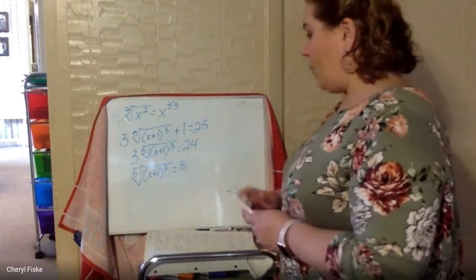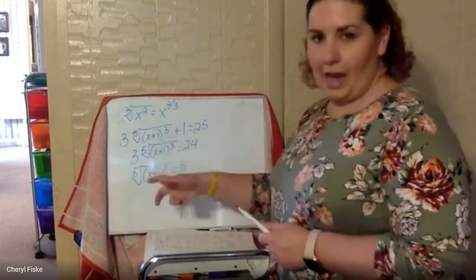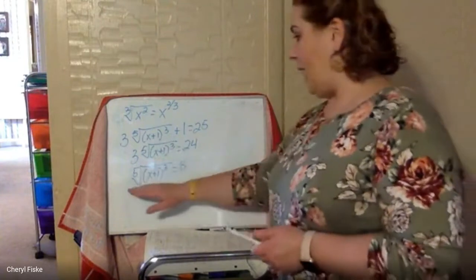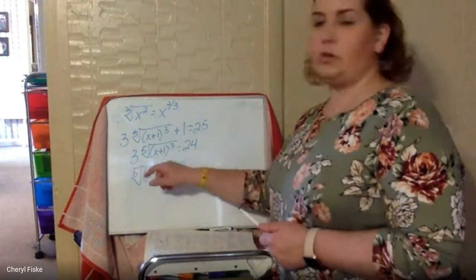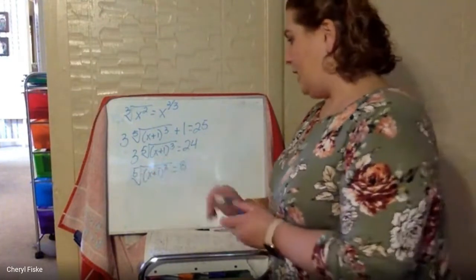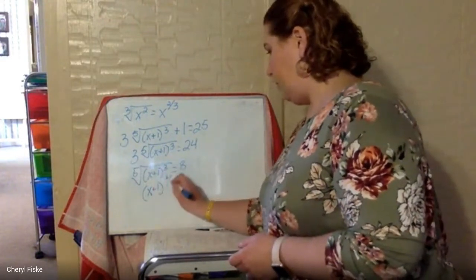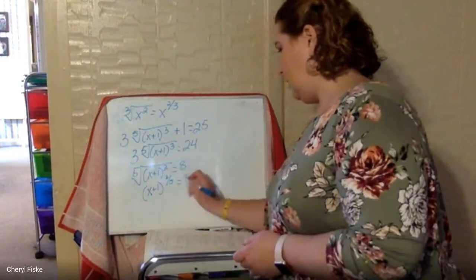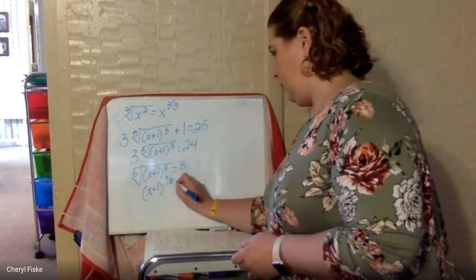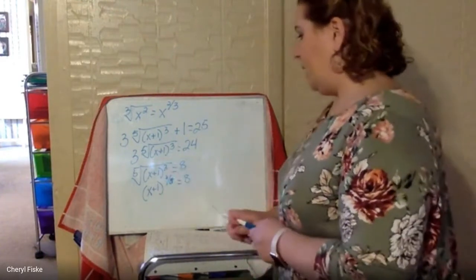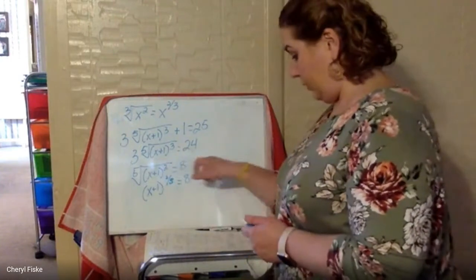So now what I want to do is think about the power over the root idea. What's the power on this? The 3. What's the root on this? The 5. So I could do (x plus 1) to the 3/5 equals 8. There's a 5 and a 3. Okay, how do you get rid of the 3/5?